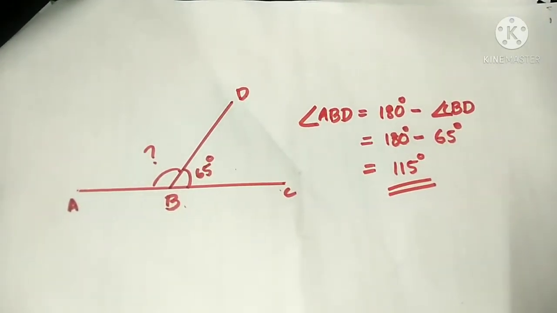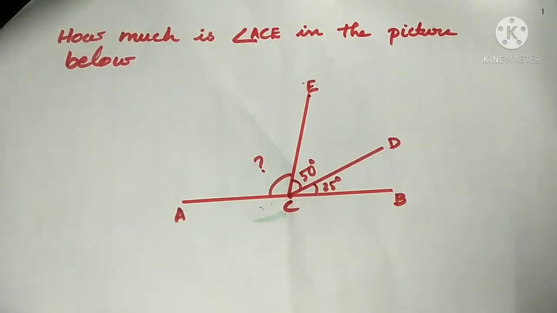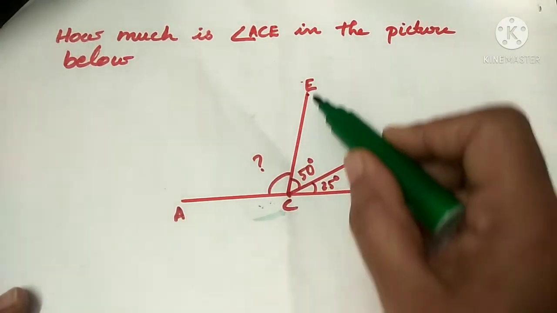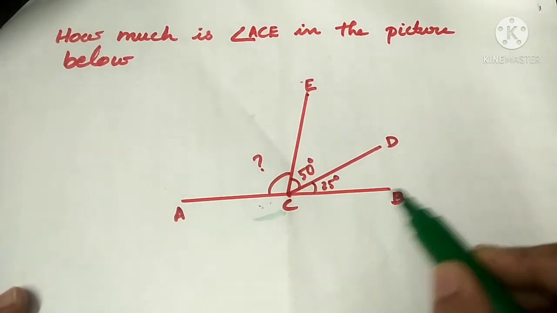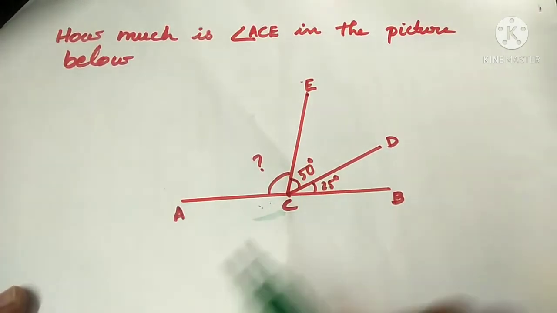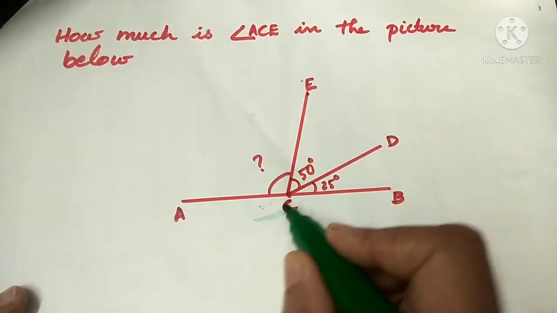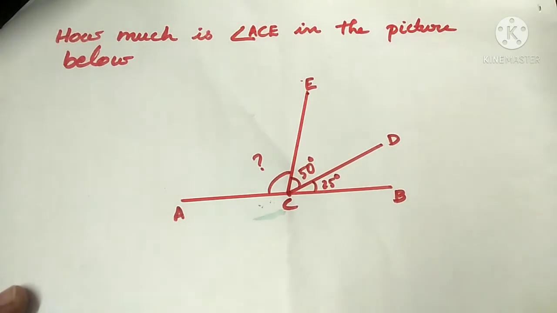Next question, how much is angle ACE in the picture below? So, we need to find this angle. We know what is angle ECD and angle DCB. We know angles on a straight line will give 180 degree. So, we can find this angle ACE by subtracting these two angles from 180 degree.